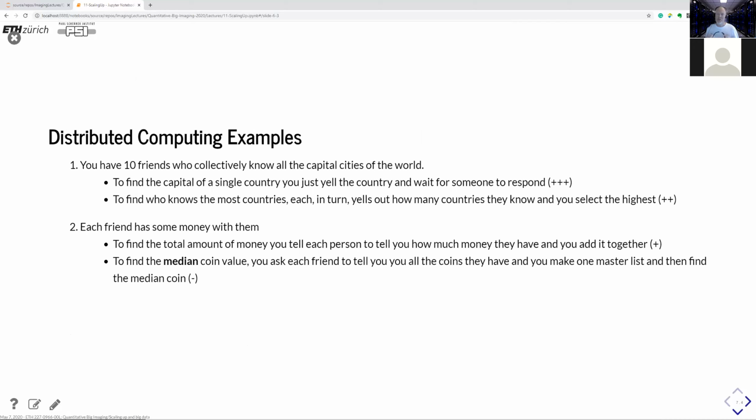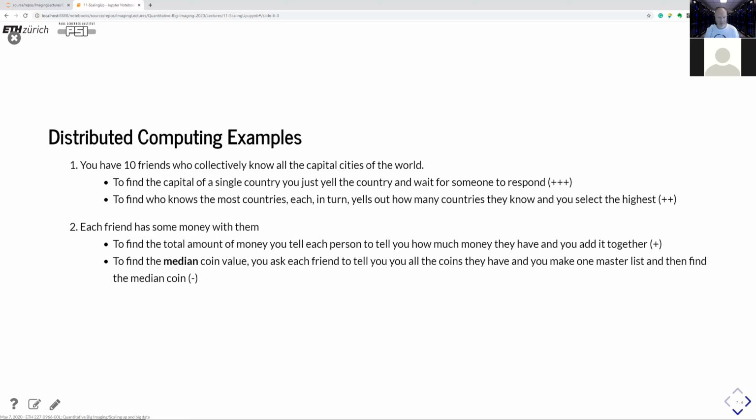In principle, all friends look in their memory: okay, I know, no, I don't. And then after a while, a response comes back. The other approach is to ask each in turn how many countries they know, and select the one with the highest, who could then give you the answer. But that's actually less good.